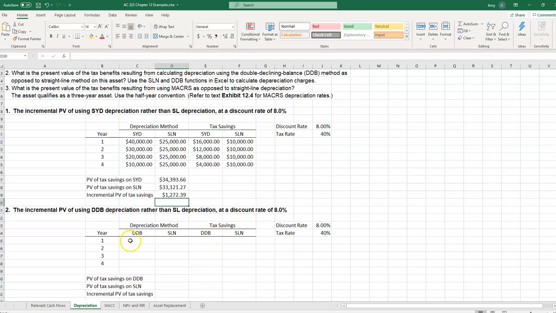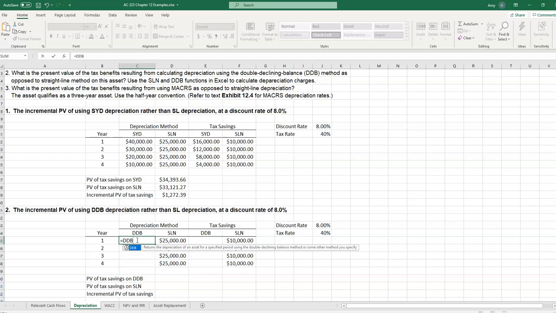Okay, now we're going to compare double declining to straight line. So the straight line is all the same. Okay, and double declining.